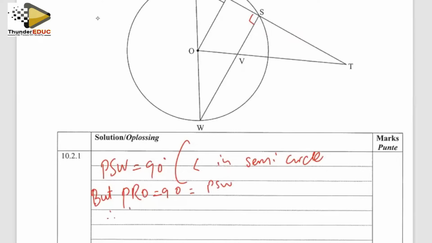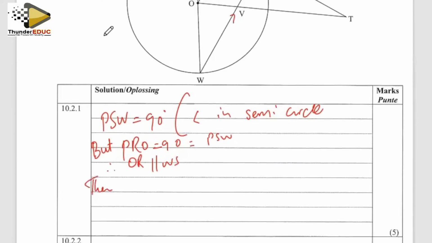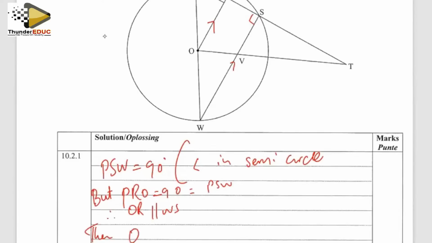Therefore, OR is parallel to WS. Now, if these lines are parallel, there's something extra we need to also add. Then we can see that O is the midpoint of PW, since O is the center of the circle.